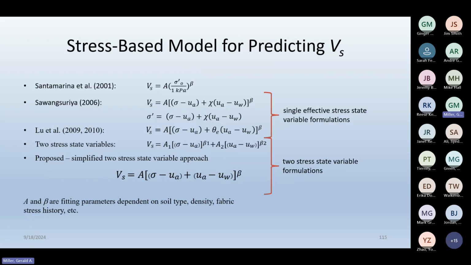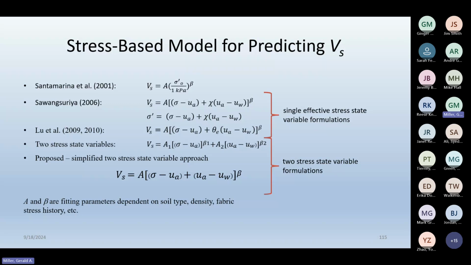We sort of took a hybrid approach because we didn't have a lot of information about the degree of saturation of our samples and how it changed. So we simply incorporated a two stress state variable approach, but simplified because we didn't want to have to calculate these four coefficients. We just said A times the summation of these two stress state variables, raised to beta. So it's kind of like the Bishop approach with chi equal to 1.